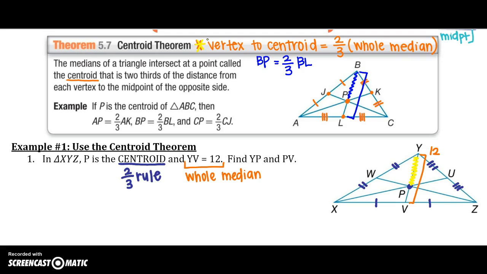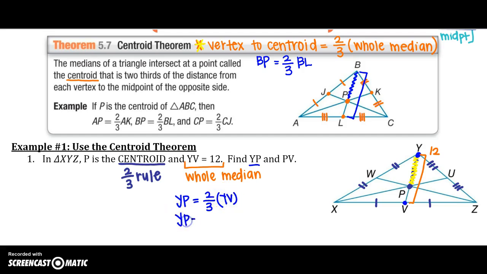If you look back up at that equation, we want to start from the vertex to the centroid. Y is the vertex where those two sides of the triangle come together, to the centroid. So I would call that YP, which is what we're asked to find, equals 2/3 of my entire median, which is YV, I apologize.